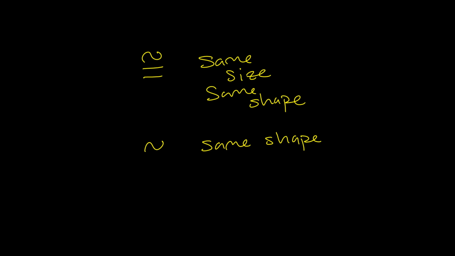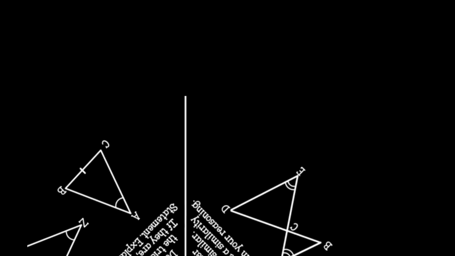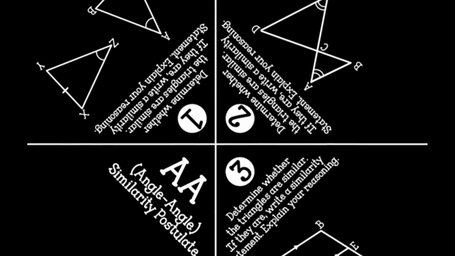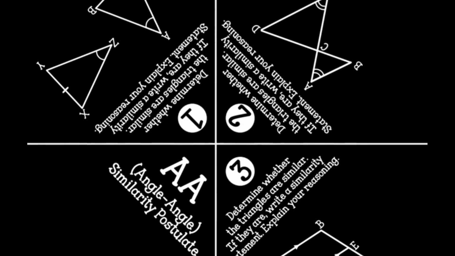Now, there is one circumstance, one time, when a shape is just similar and not also congruent. And that is when we have what is in this foldable. So if you remember, what were the two things that did not prove congruence?